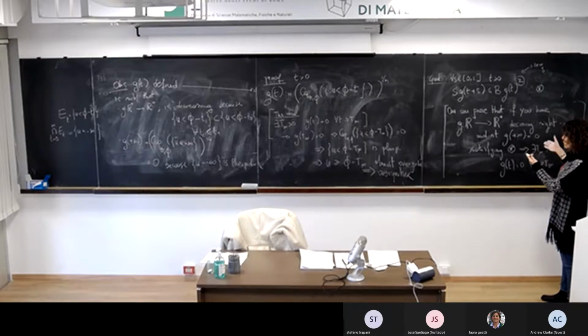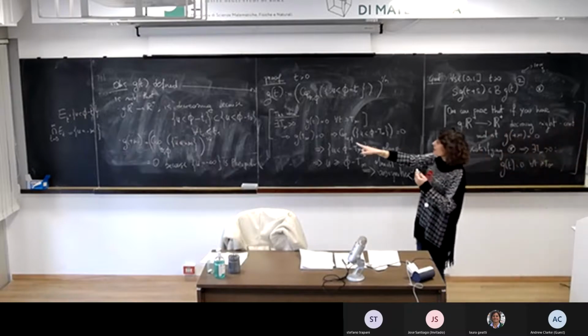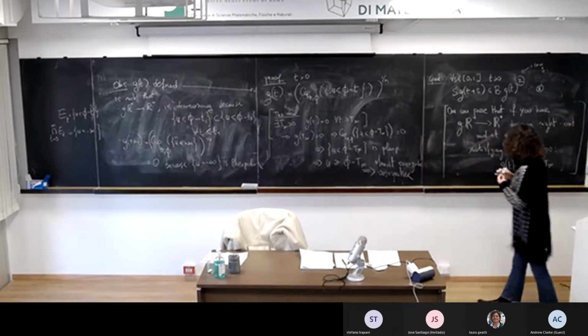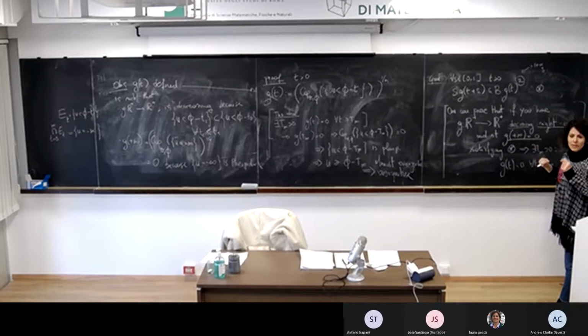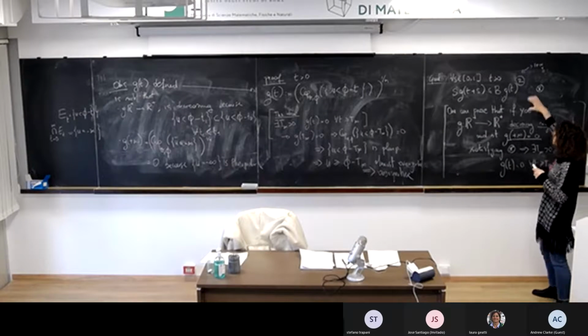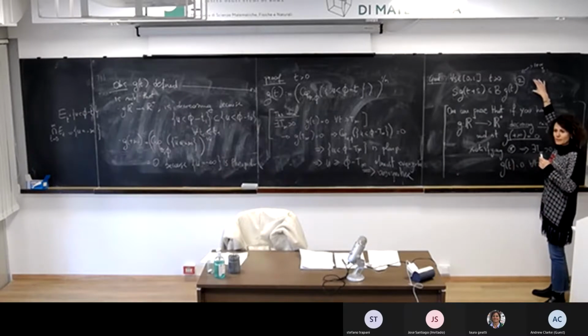So we want to use this statement, and over there I just checked that this condition and this condition are satisfied by the properties of the capacity. So the real thing to prove, and this is the real thing of the theorem, is to prove this inequality.